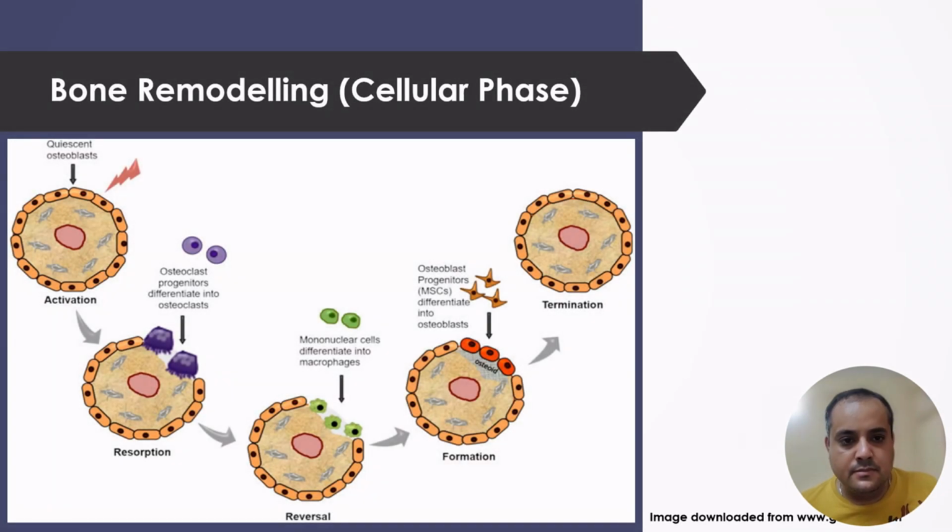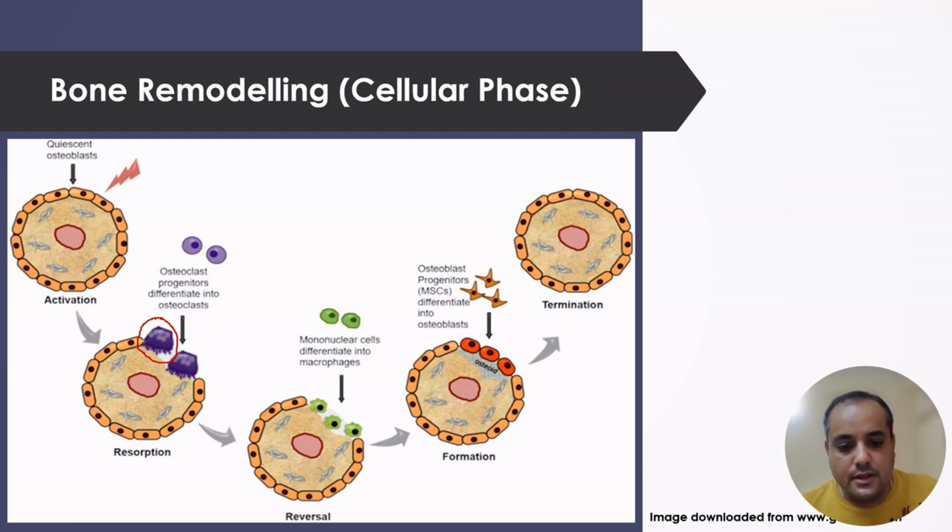So now the remodeling of the bone, the cellular phase. As you can see, the quiescent osteoblasts are activated when the osteoclast progenitors come and attach to them, and ultimately they are converted into multinucleated osteoclast cells. They are going to start the process of resorption. There will be the resorption of the bone and formation of the Howship lacunae.